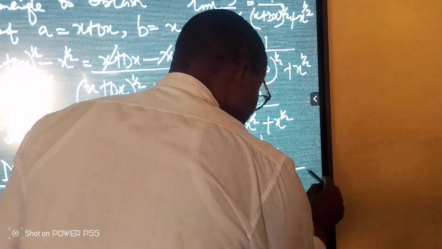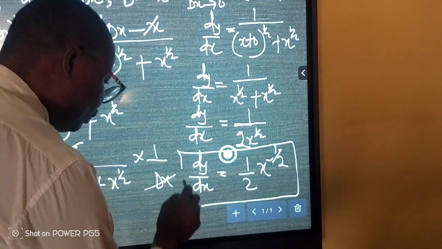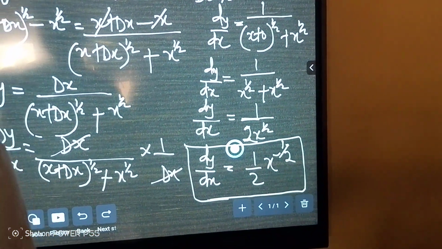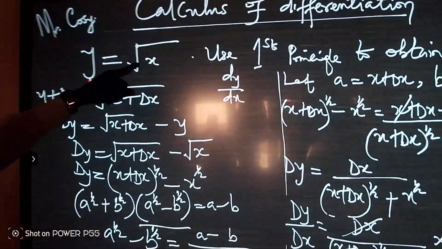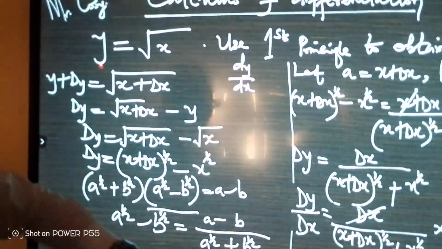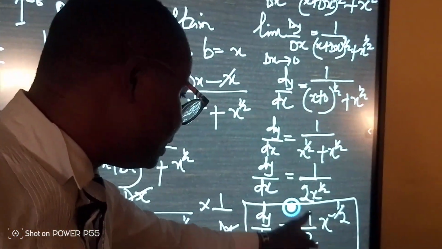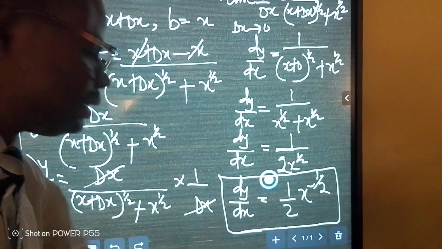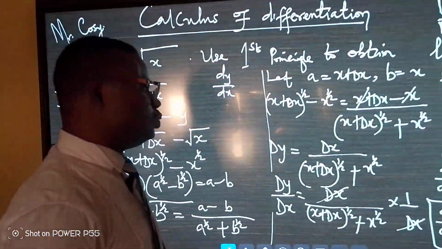So when you differentiate y equals root x using first principle, you are going to get 1 over 2 x raised to the power minus 1 over 2.